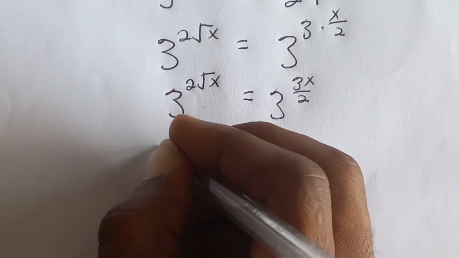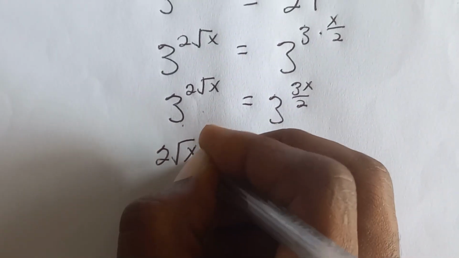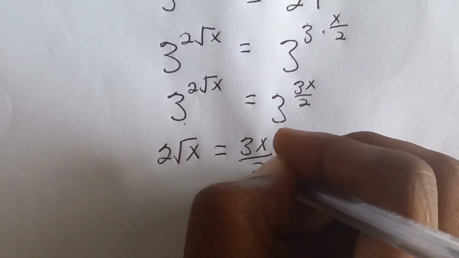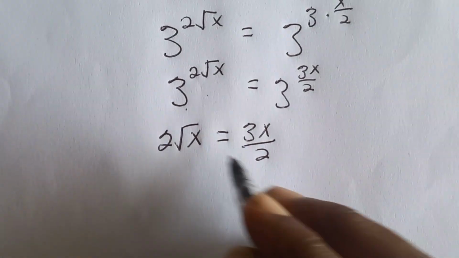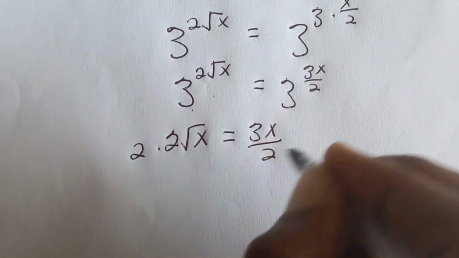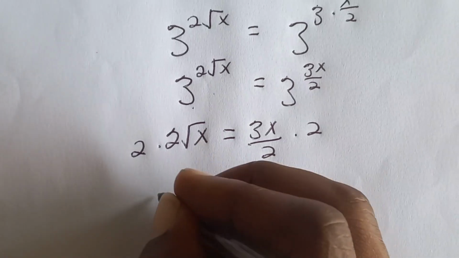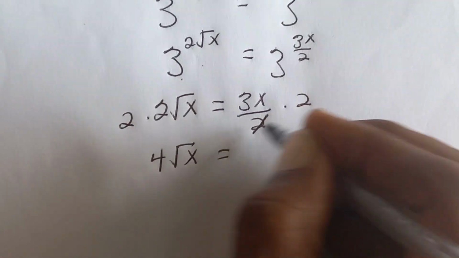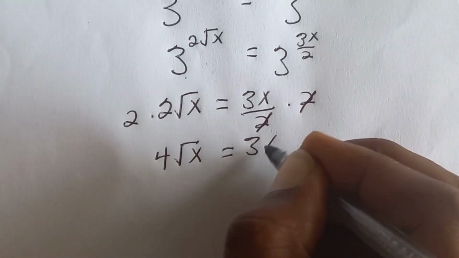So you see that 2 root x is equal to 3x on 2. Okay, so with this, we multiply both sides by 2. So this one will give us 4 root x, which is equal to, this will cancel this, leaving 3x.